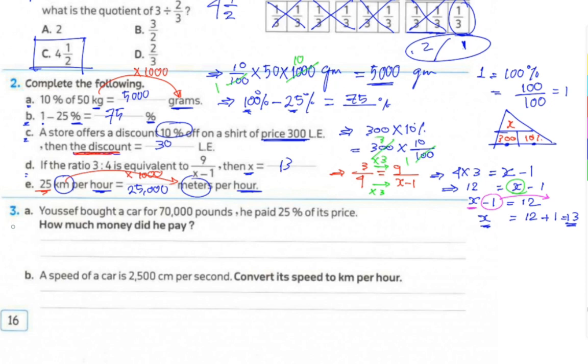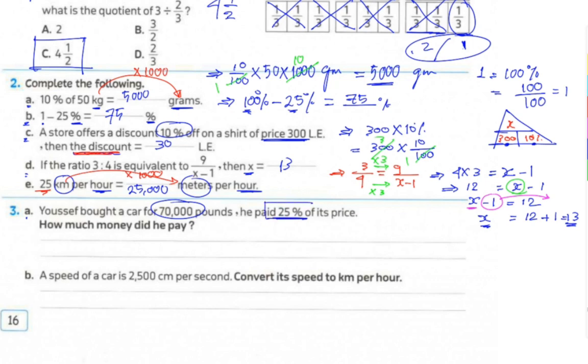Last question 3. First point A. Yusuf bought a car for 70,000 pounds. So 70,000 pounds is the total or the whole. He paid 25% of its price. Note with me, this is the percent.